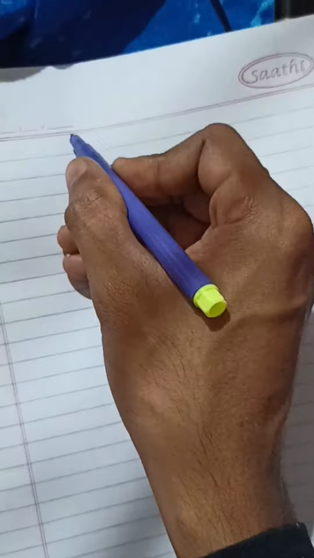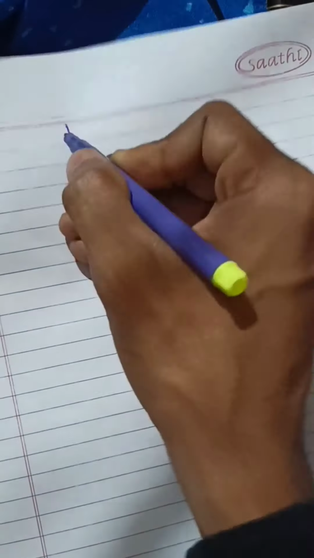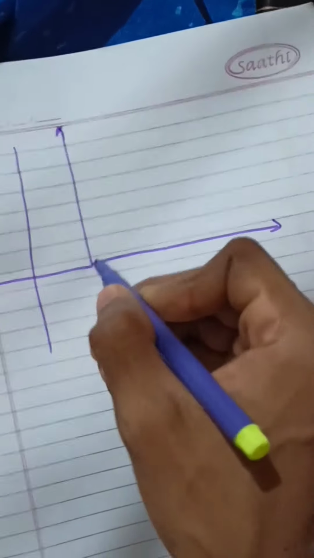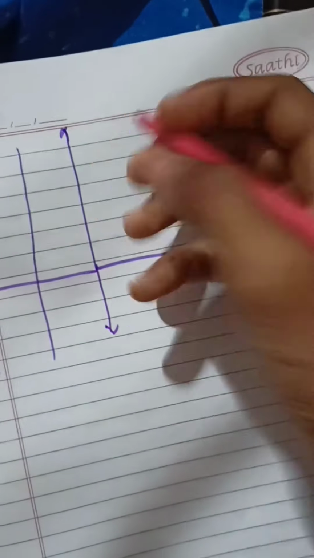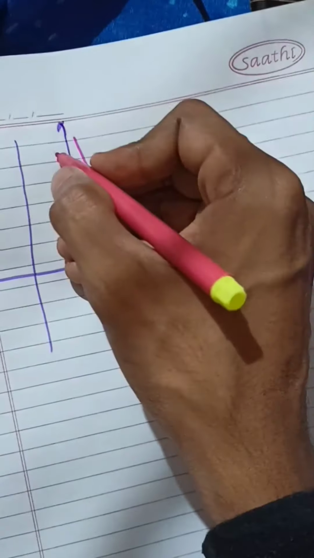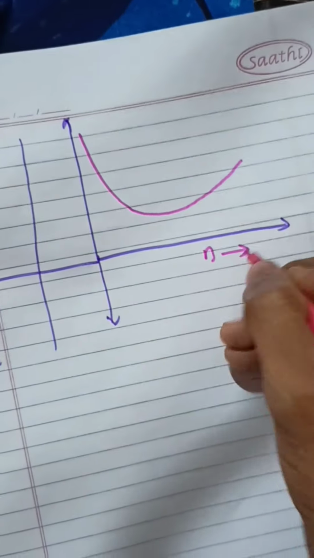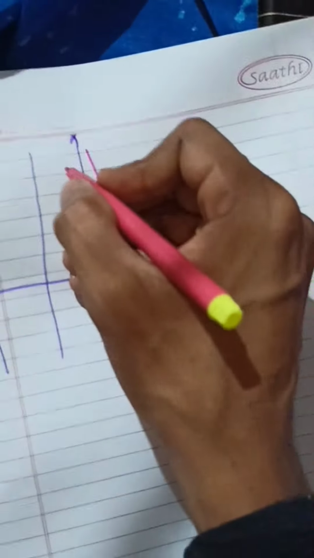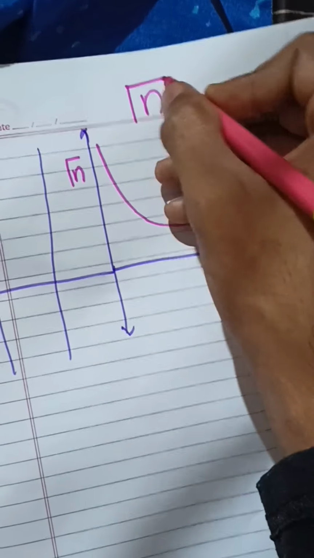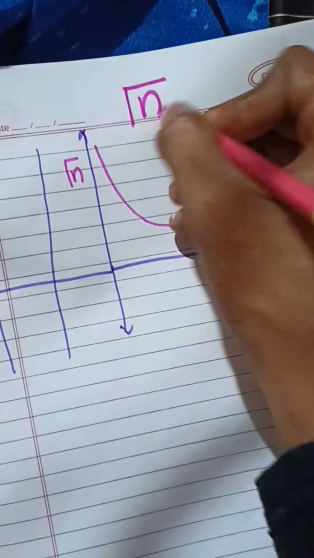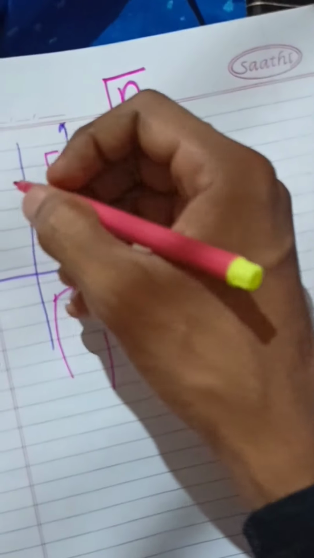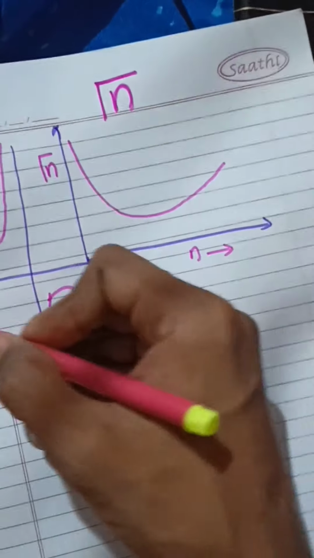The gamma function can be drawn with n on the x-axis, and the gamma function on the y-axis as Γ(n). Remember that this is the symbol for gamma of n, and the graph looks something like this.